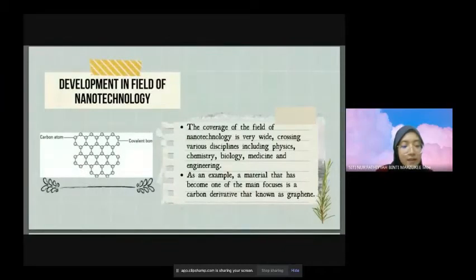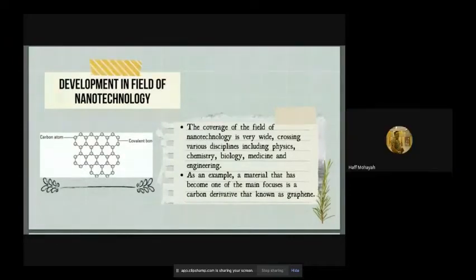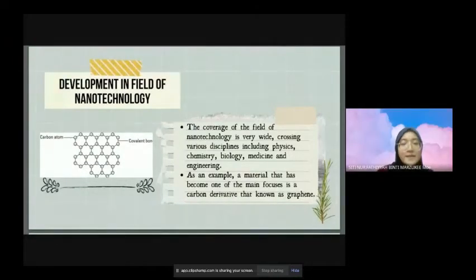Graphene is an allotrope of carbon consisting of a single layer of atoms arranged in a two-dimensional honeycomb lattice. Graphene is quite hard to separate and insoluble in water due to its strong van der Waals force of attraction.